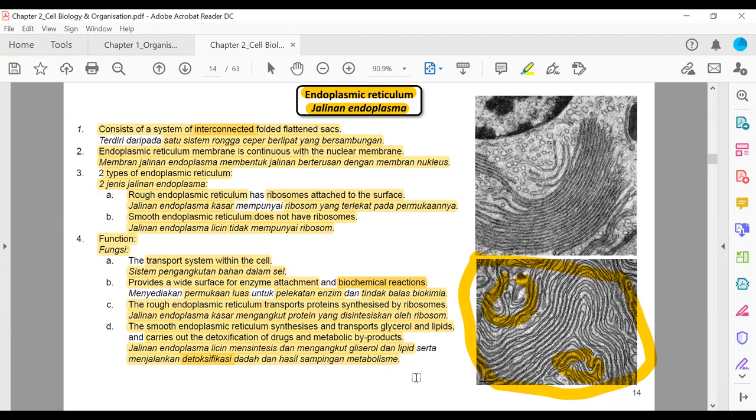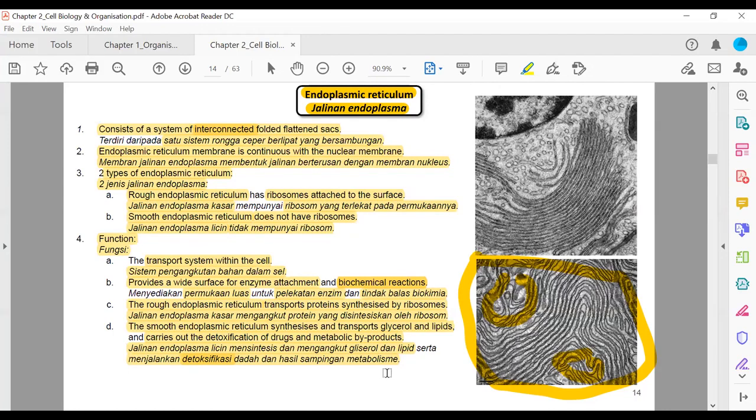Apart from that, detoxification of metabolic byproducts. Detoksifikasi hasil sampingan metabolisme. Contoh, hasil sampingan metabolisme ialah amonia. So amonia ialah satu contoh bahan yang toksik. Kalau dibiarkan, our cells can be affected, can die. So ammonia is hasil sampingan metabolisme, metabolic byproduct. So ammonia is toxic, not good.